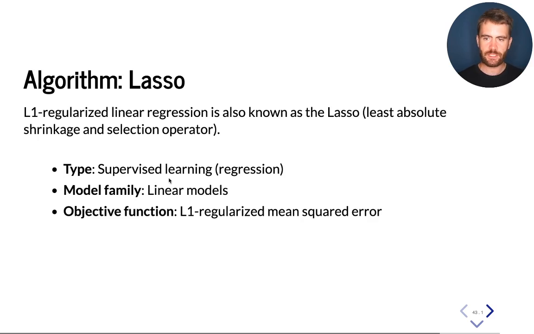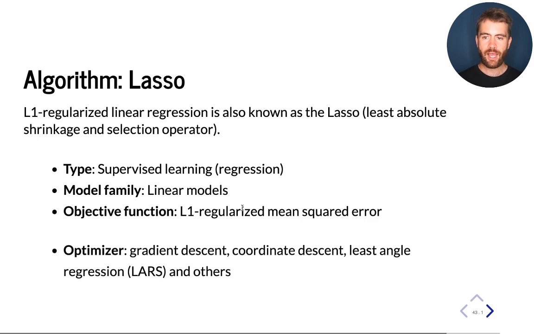There are some slightly different definitions depending on the textbook, but for the purposes of this course, I'm going to use Lasso to refer to the regression version of this algorithm that is applied to a linear model, and we are optimizing over the space of linear models by optimizing the mean squared error, to which we have added an L1 regularized objective.